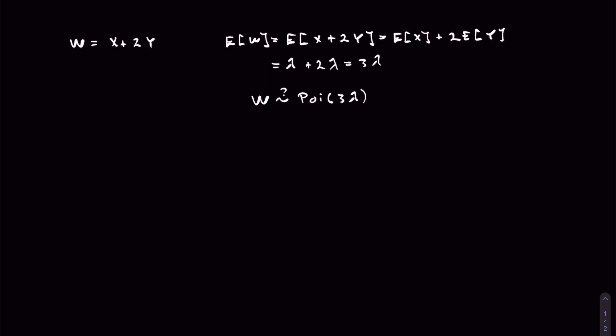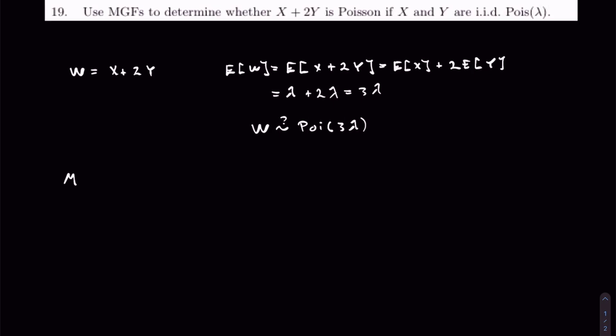All right. So the MGF of W, as a function of t, is the same thing as the expectation of the exponential of tW. That's just the definition.